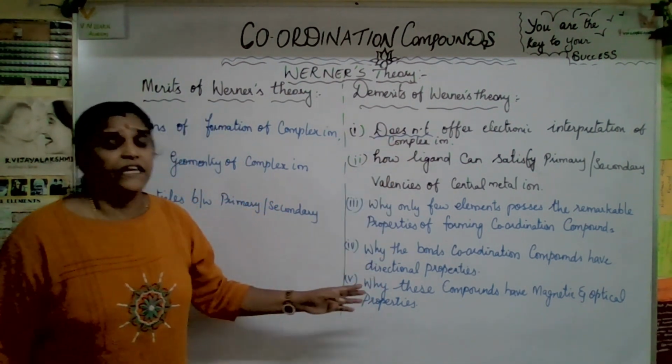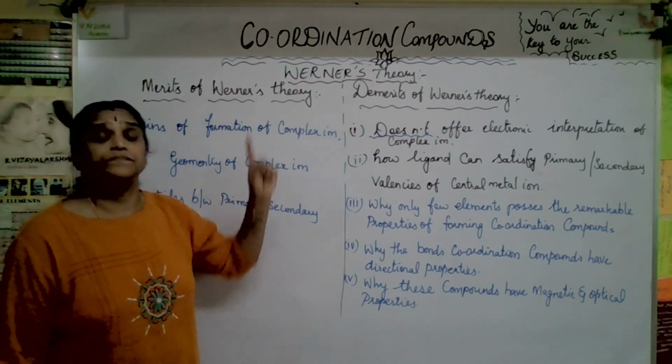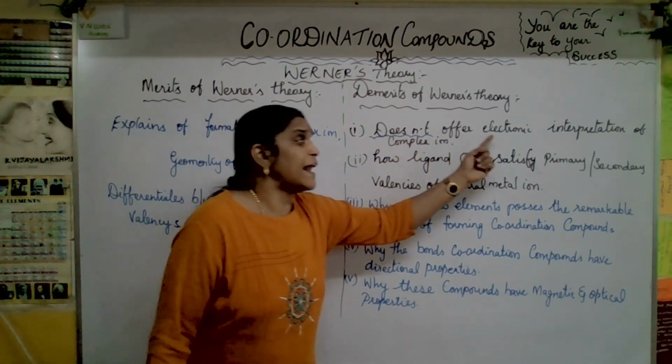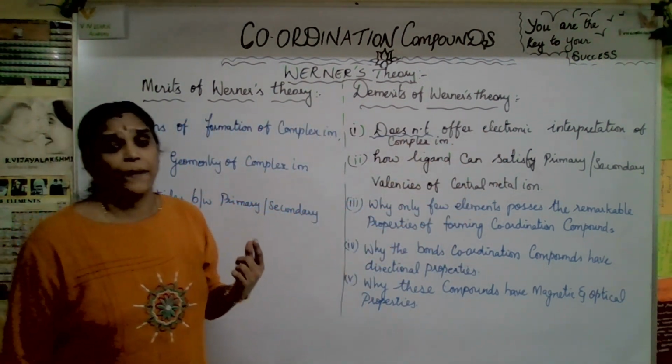Okay, now what are the demerits we can identify from Werner's theory? First and foremost, it does not offer an electronic interpretation of complex ion.